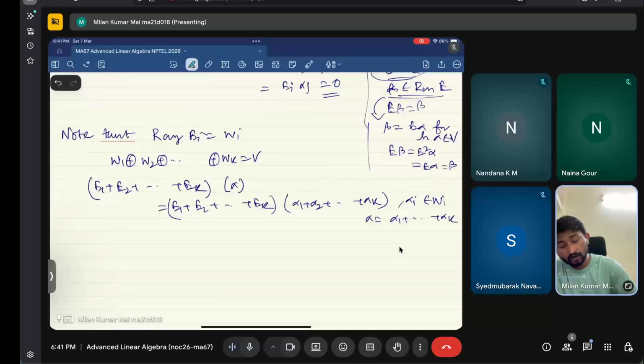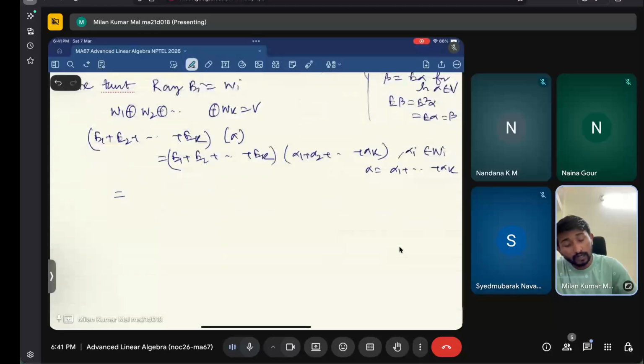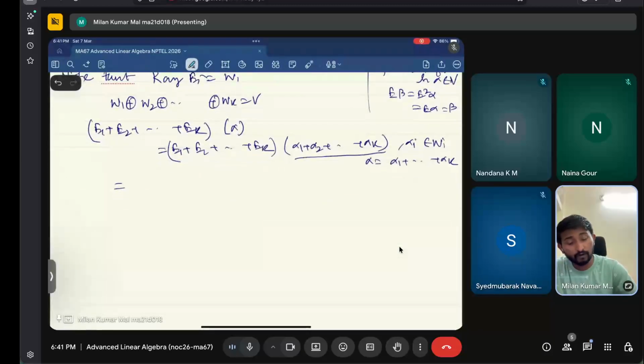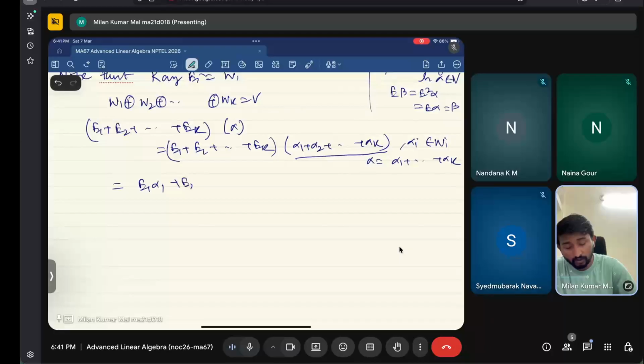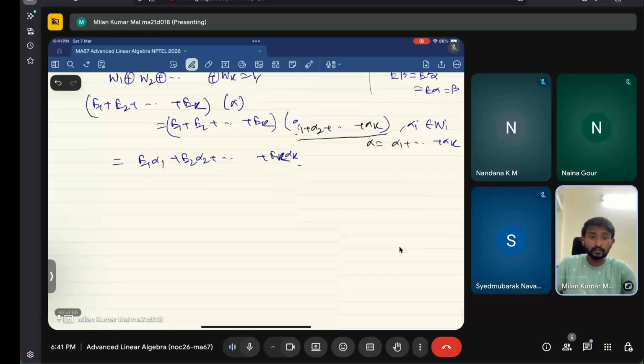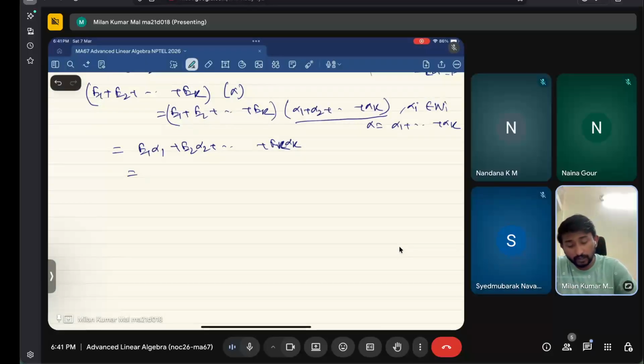Now E1 will apply on the full alpha 1 plus alpha 2 plus alpha k, but Ei is a projection. So E1 maps alpha 1 to alpha 1, and all the other entries will be 0 under E1. Then this will be E2 alpha 2 all the way plus Ek alpha k. Note that alpha 1 is in the range of E1, so in W1. So this will be alpha 1 plus alpha 2 plus all the way alpha k, which equals alpha.